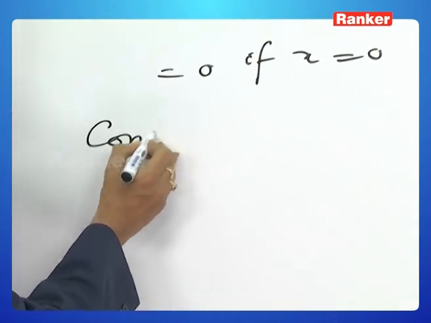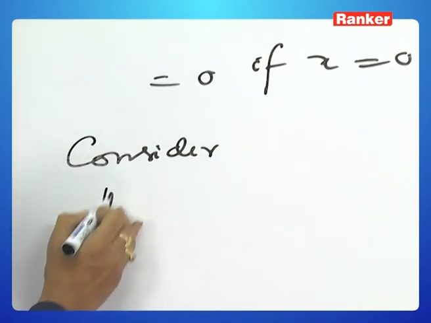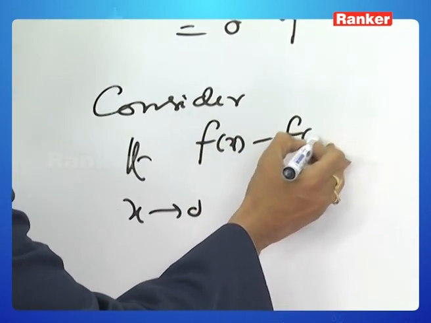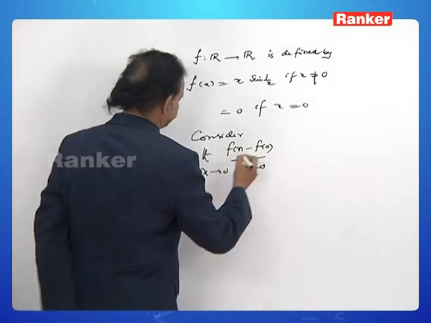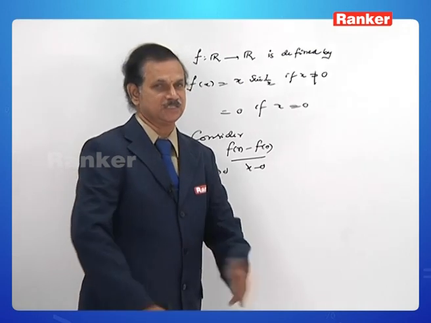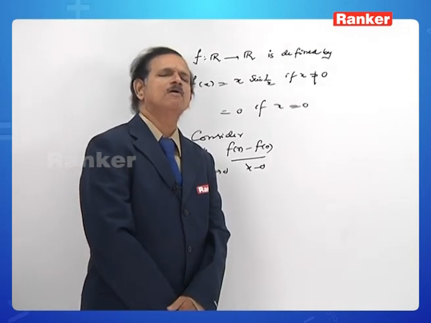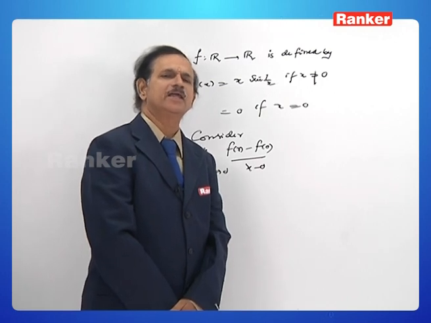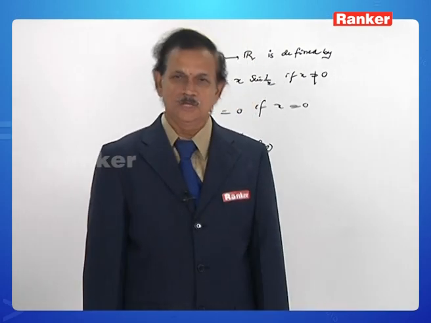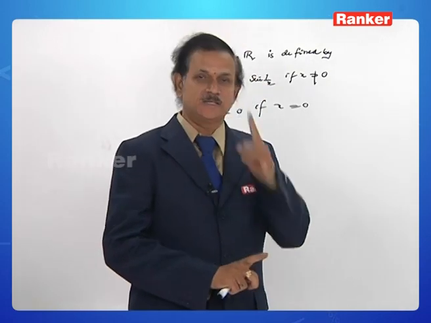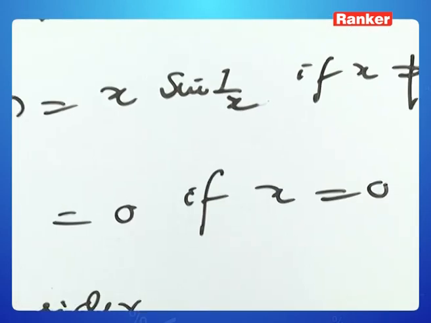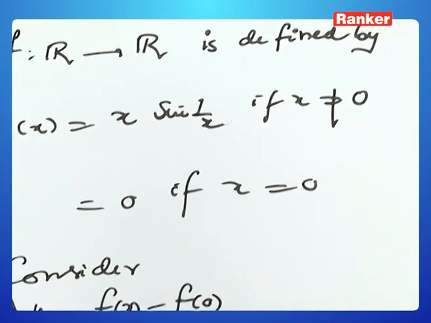Consider, why should you consider this? Among all the 4 options, he is inquiring about continuity and derivability at x is equal to 0. We have already declared that it is continuous at x equal to 0. It is now our duty to test whether the given function is derivable at x equal to 0 or not.